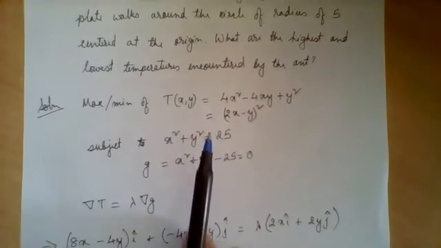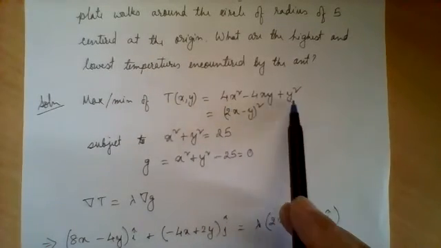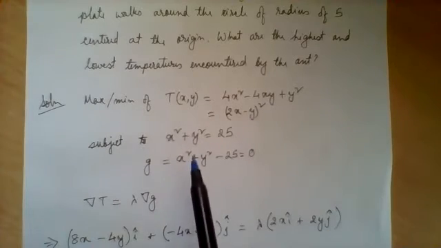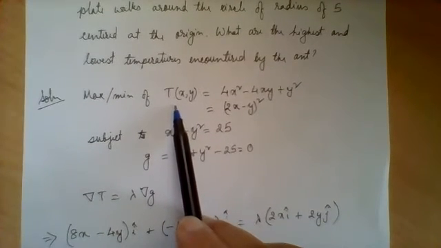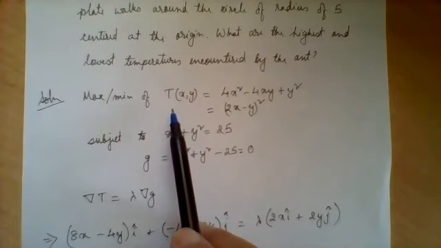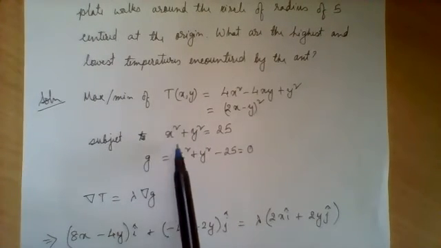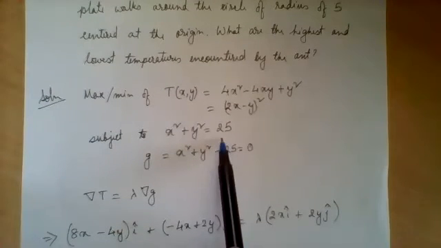So in the given problem, the temperature is given by this expression, which is nothing but 2x minus y whole square. We have to find the maximum and minimum value of this temperature. Now we have to find the extremum value of this temperature subject to the condition that the ant is moving on a circle with radius 5 and centered at the origin.